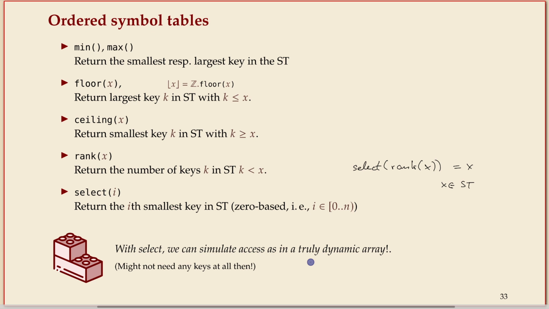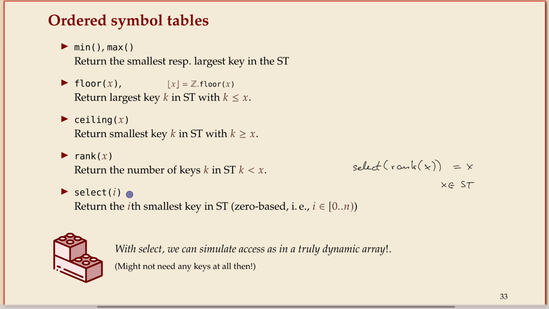And rank and select may, by the name, not sound like this, but you can really use those two, specifically select, to simulate something like a truly dynamic array. Because select gives you access to the ith position. So you can use this to build an array as follows. You have some key value by which you keep things sorted, and then the value that you associate with that key is the actual thing that you store in the array.